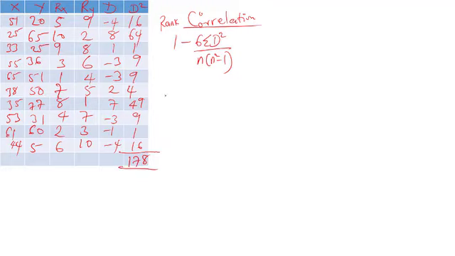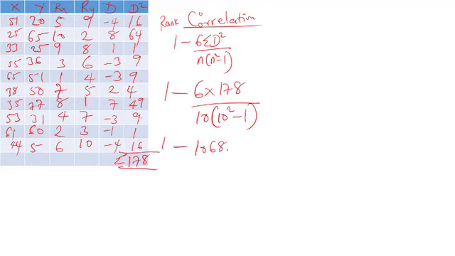Now let's check the relationship. The formula for the rank correlation is 1 minus 6 times the summation of d squared, which is 178, all over n, how many things are we doing? 1, 2, 3, 4, 5, 6, 7, 8, 9, 10. It's 10 in number. So we have 10 in bracket 10 squared minus 1. 6 times 178 is 1068.